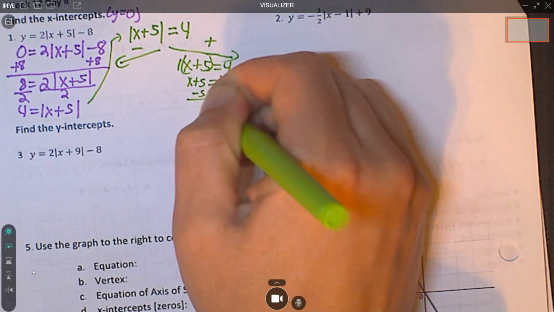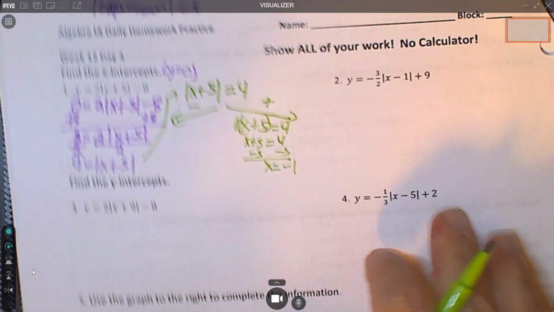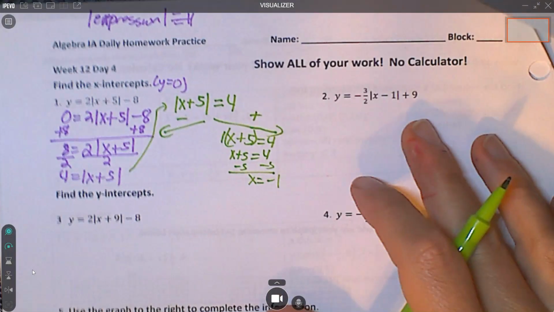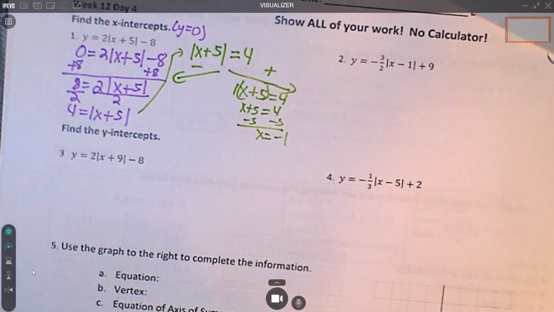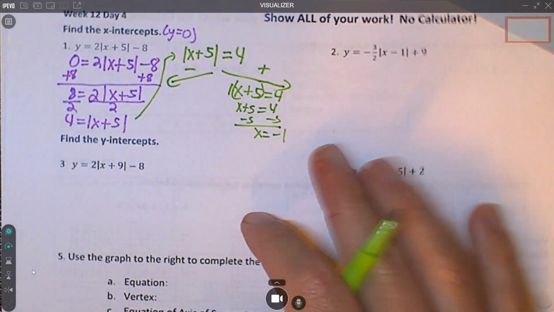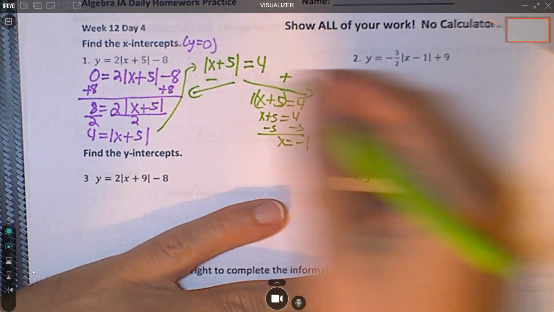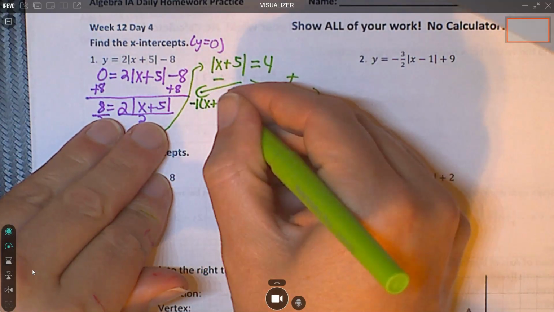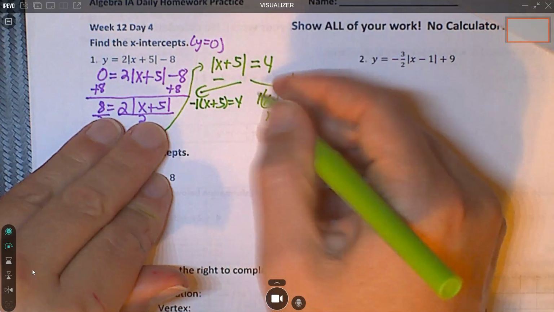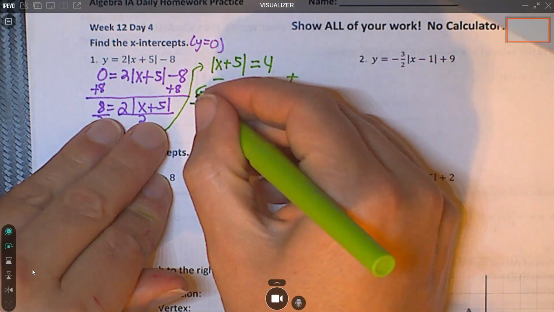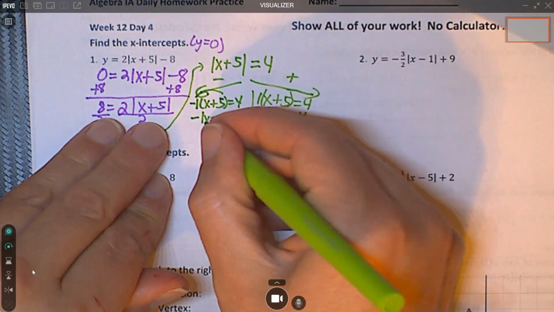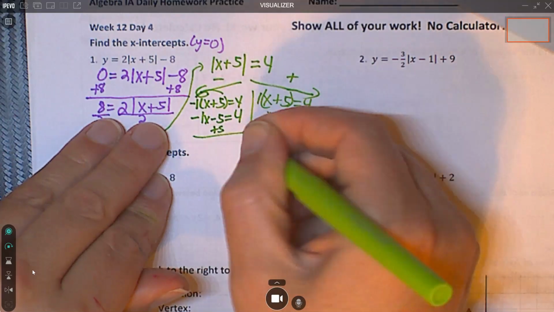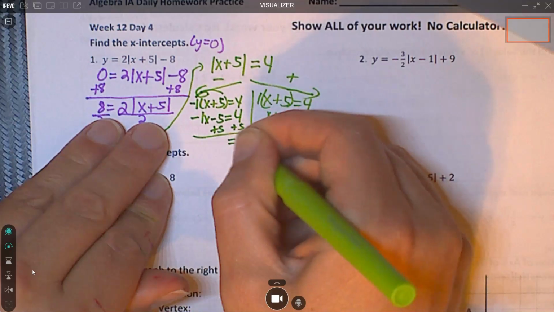So x is -1. That's for the positive sloped ray. This is for the negative sloped ray. Distribute that -1 across to get that slope negative for that negative ray.